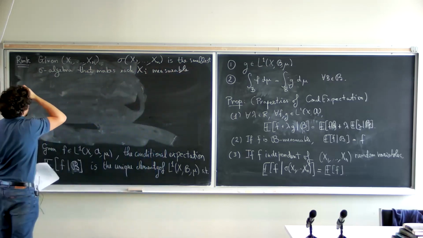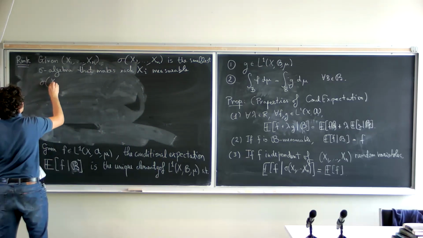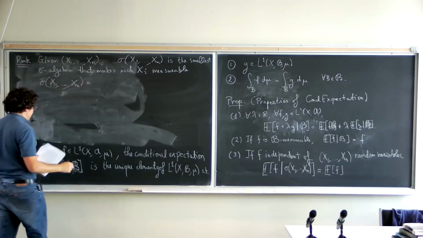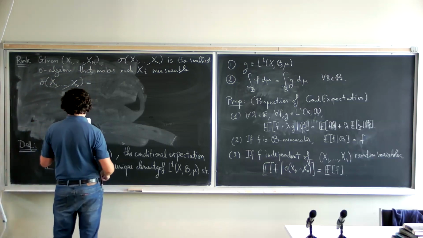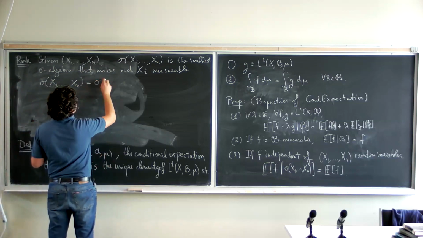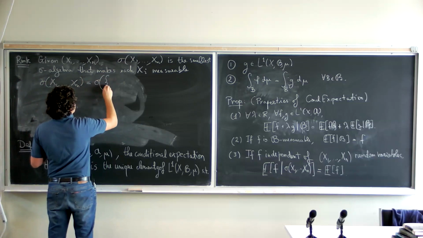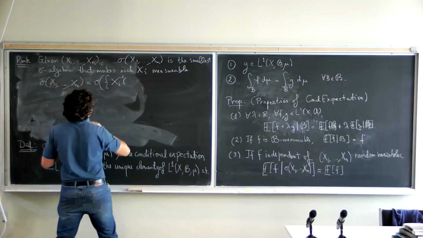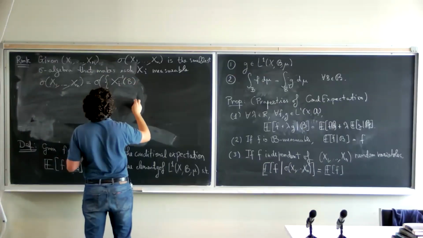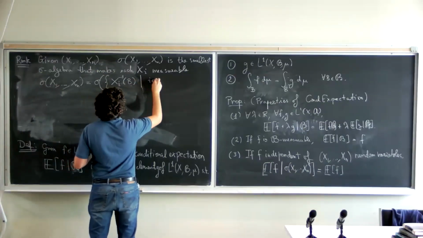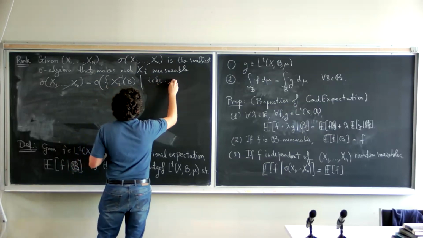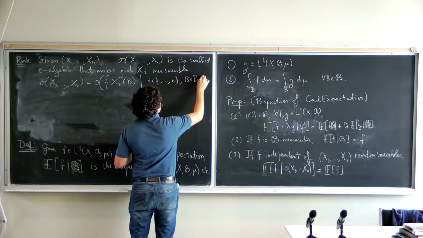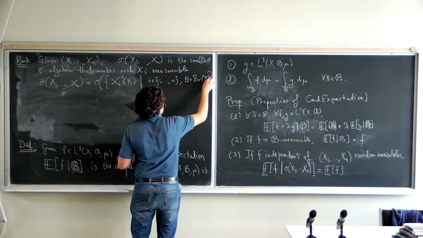Meaning that sigma of x1, ..., xn is the sigma algebra generated by xi inverse of a Borel set B, such that i is in 1 to n and B is in the Borel sigma algebra of R.